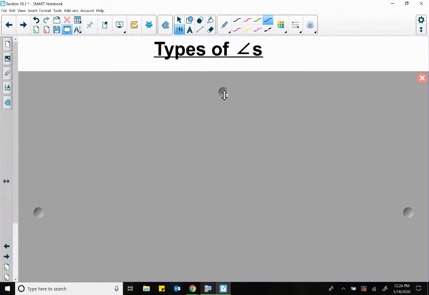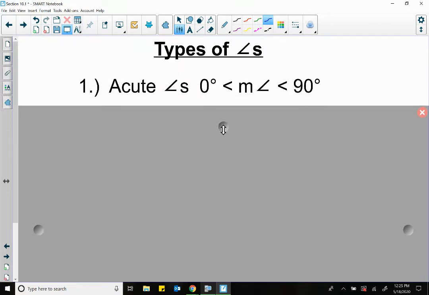One of them is acute angles. Okay, acute angles, this means measure of the angle. Okay, so an M in front of an angle symbol means you're talking about its measurement. Angles are measured in degrees for us, and acute angles are angles that measure between 0 and 90 degrees.